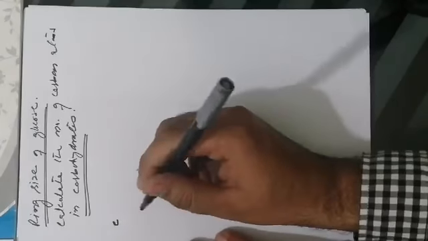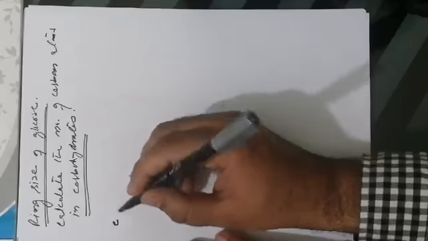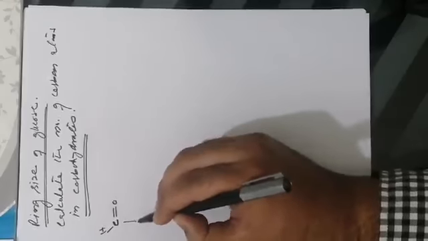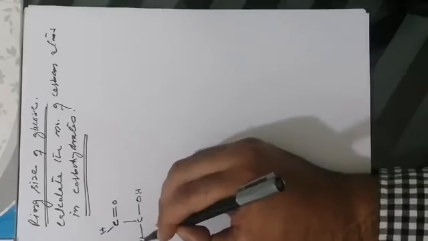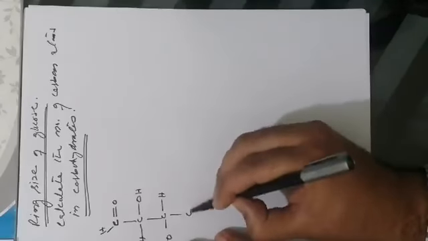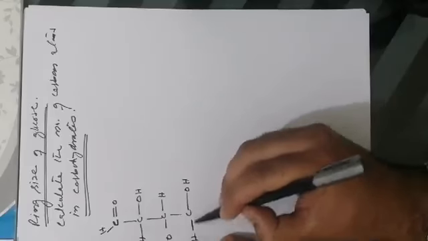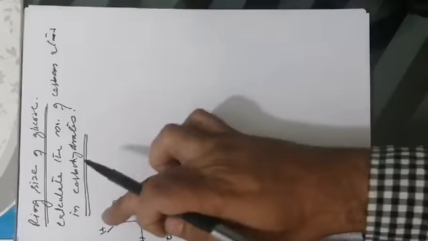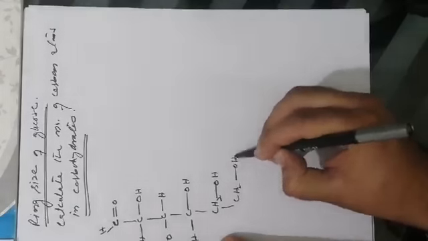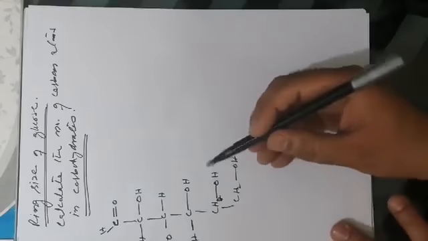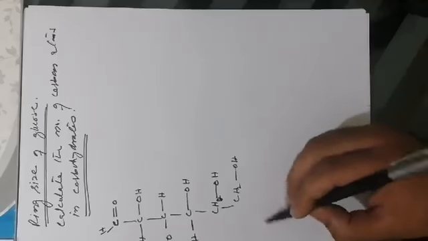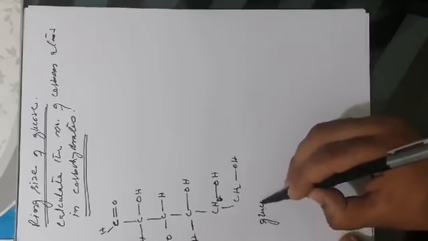I'm writing here the structure of glucose, so you will see that. One, two, three, four, 5, and 6. What is the name of this compound? Polyhydroxy compound. This is known as glucose.